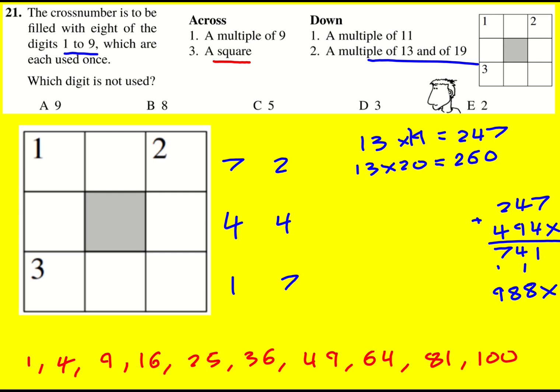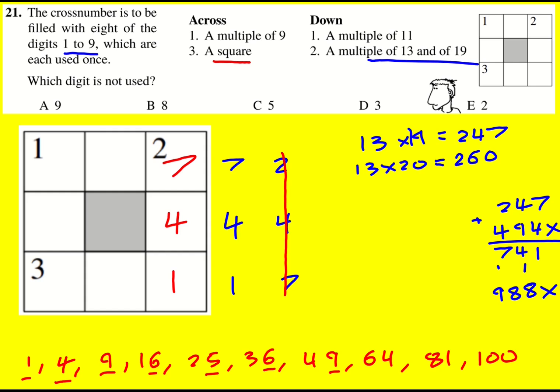When you go up to 11 and then 12 and then 13, the units digit of the square number is always coming from the units digit of the original. So these are the only numbers that can ever be the units digit of a square number. You can't get 8 either. Can't get 2, can't get 7. So we can rule out 2, 4, 7. This must be 741.